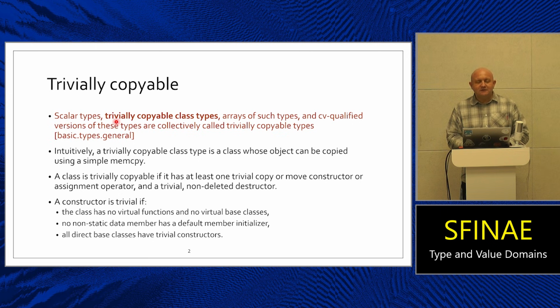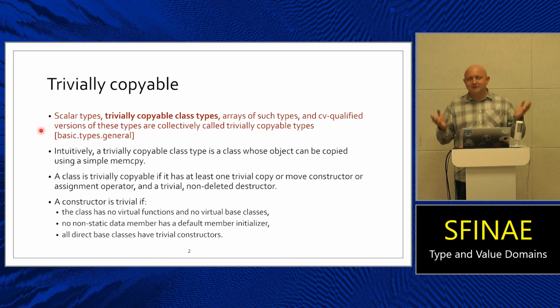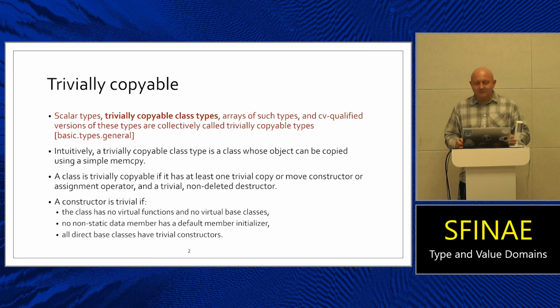And next, trivially copyable class types and CV qualified versions of those types. Okay. So the real question is, we are sure about scalars, we are sure about arrays, okay? Basically, we are sure we can copy an array of scalars with memcpy, but what makes a class trivially copyable?